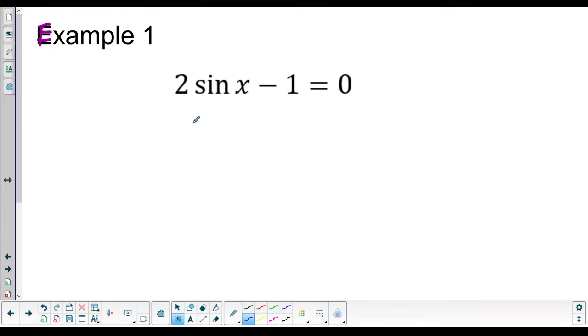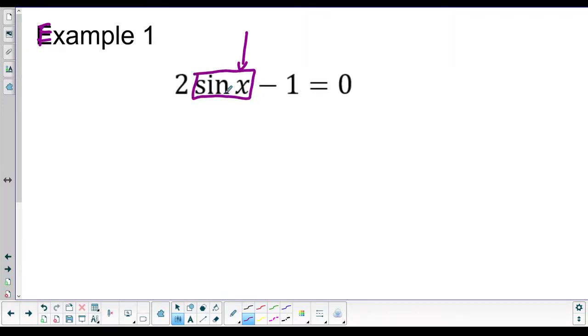Anyway, so we want to solve this for x. We're trying to get the x by itself, and we're trying to figure out what values of x we can use. So, like all solving, your goal here is to get the x by itself. So we're going to think of the x being inside the sine function.